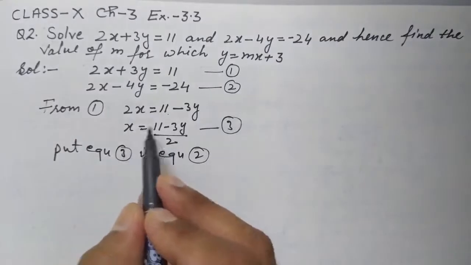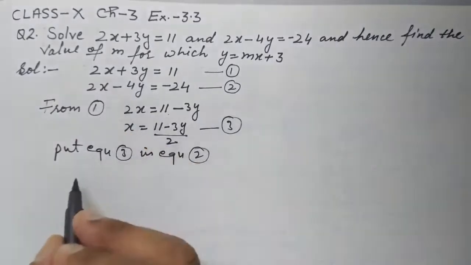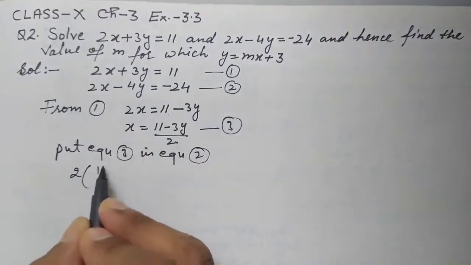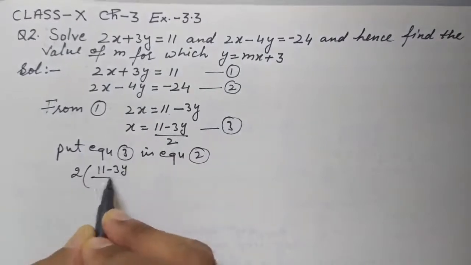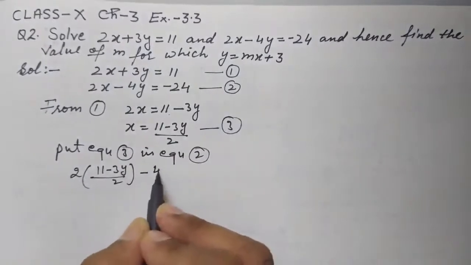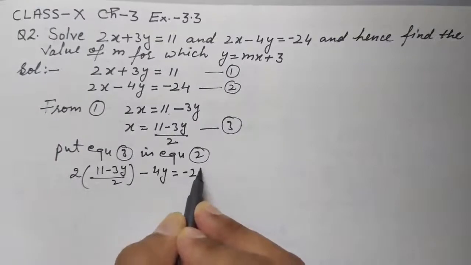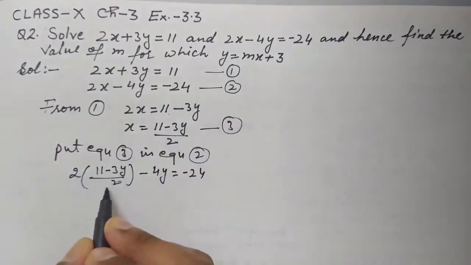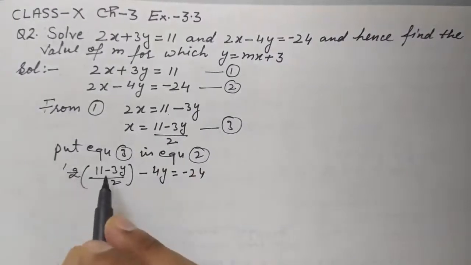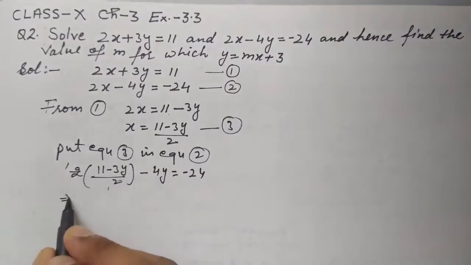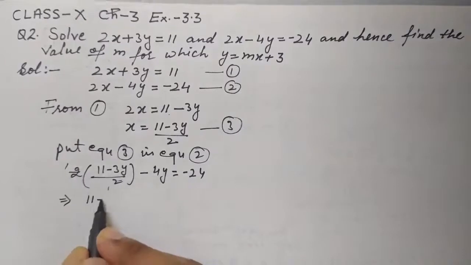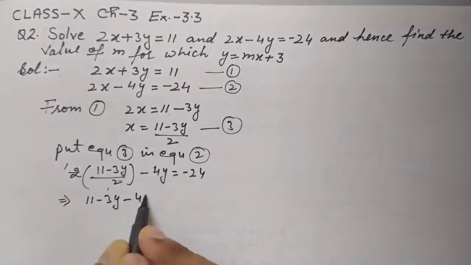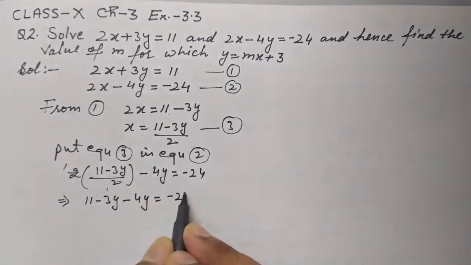So in place of x I'll fill this value here. It is 2 into x, so we have 2 into (11 minus 3y) over 2, minus 4y is equal to minus 24. Now the 2 and 2 will be cancelled. Opening the bracket, it becomes 11 minus 3y minus 4y is equal to minus 24.